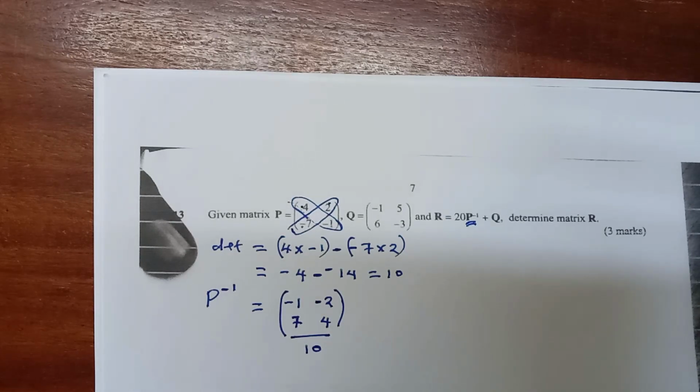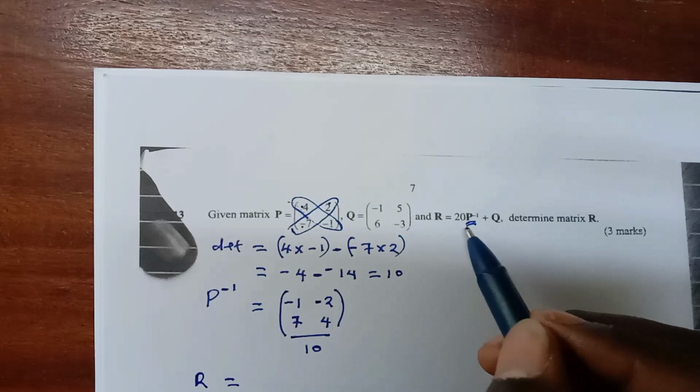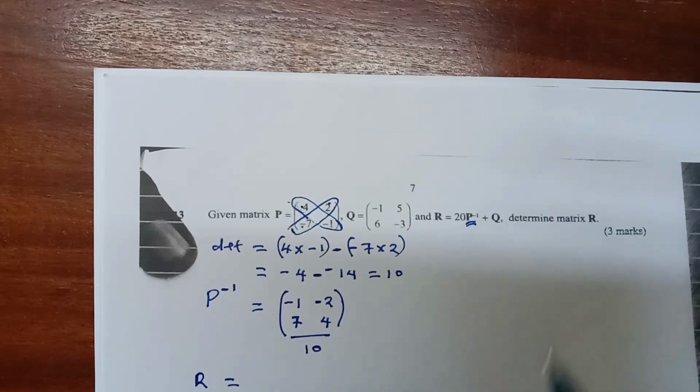Now we go ahead and look for the value of R. So R is going to be 20 times the inverse, which is our inverse here: negative 1, negative 2, 7, 4, all of it divided by 10.